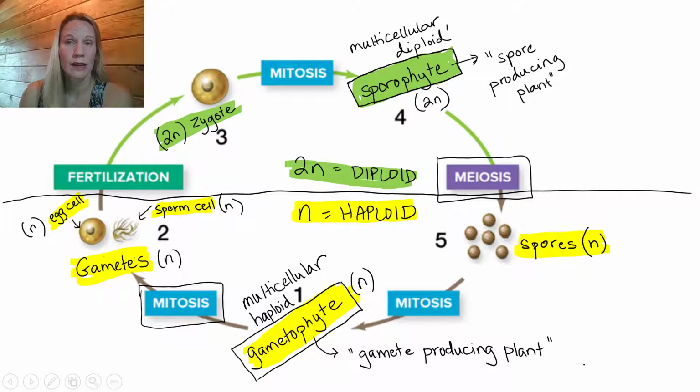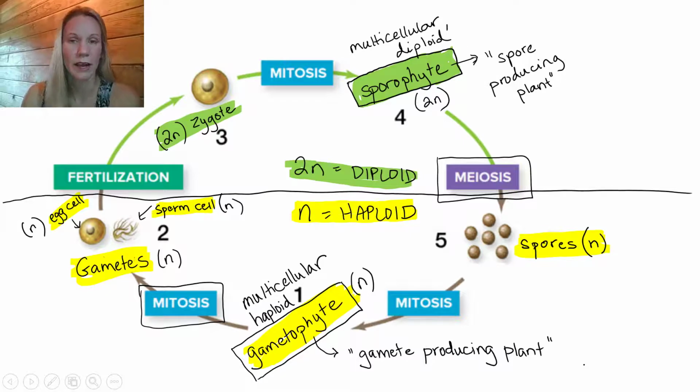This is what creates the genetic diversity of plants and their life cycle. And it produces unique spores that are haploid. Those spores will divide by mitosis, so a single spore will divide by mitosis and produce a new plant. The new plant is referred to as the gametophyte structure.